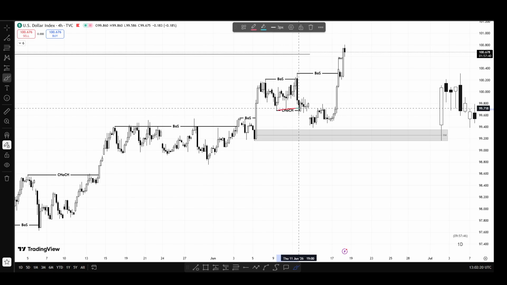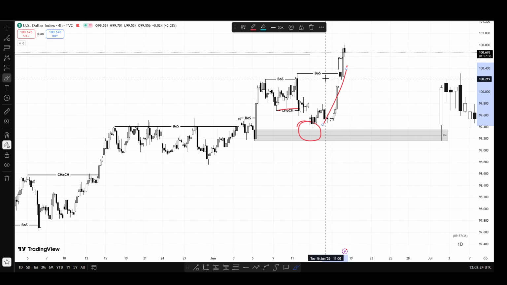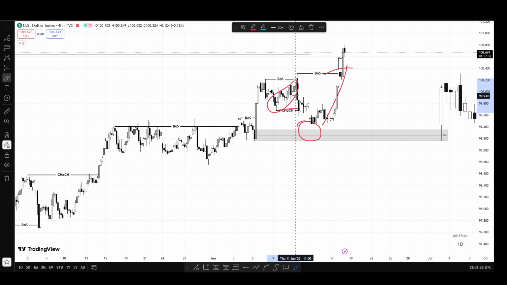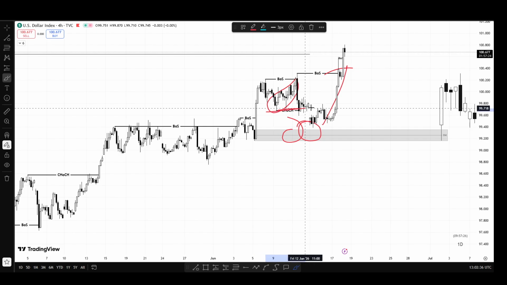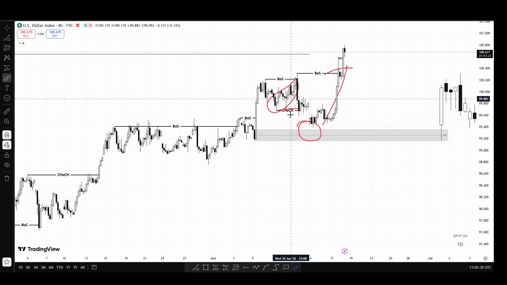So this could be our major inducement for mitigation then to break, because in this price leg, we don't have any demand zone in this H4 price leg here. All right. So the demand zone lied below this external low.